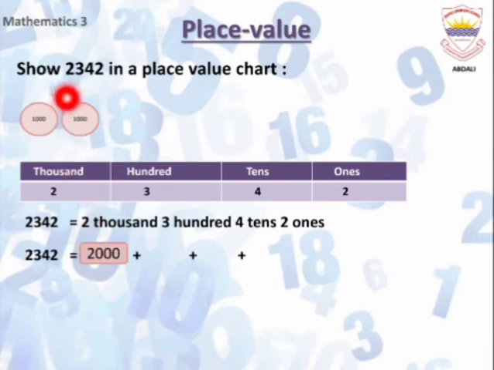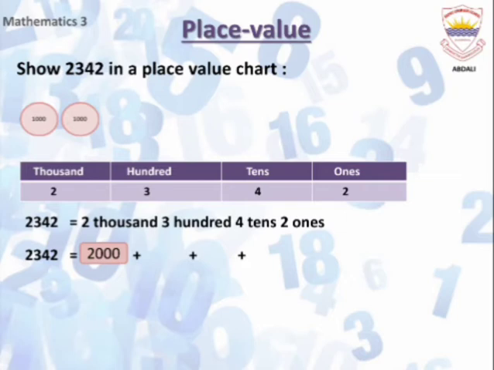After 2 there are 3 places, so we write 3 zeros instead of these 3 places, and we write 2000.